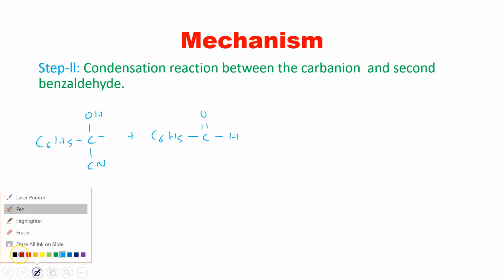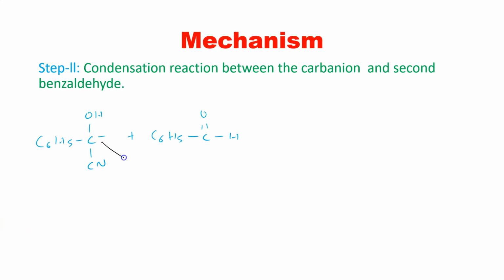So it will attack the second mole of benzaldehyde, and once it attacks the electron deficient center, the pi bond between carbon and oxygen will break and the electrons will be shifted further. This nitrogen has one lone pair. Now further, it will condense.